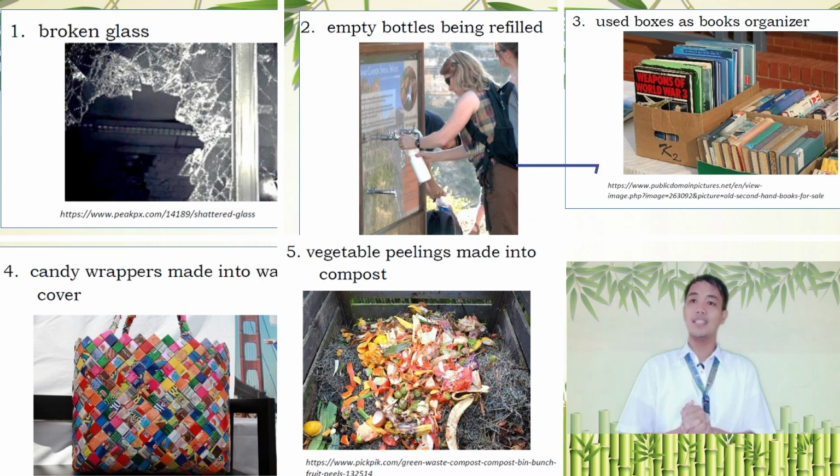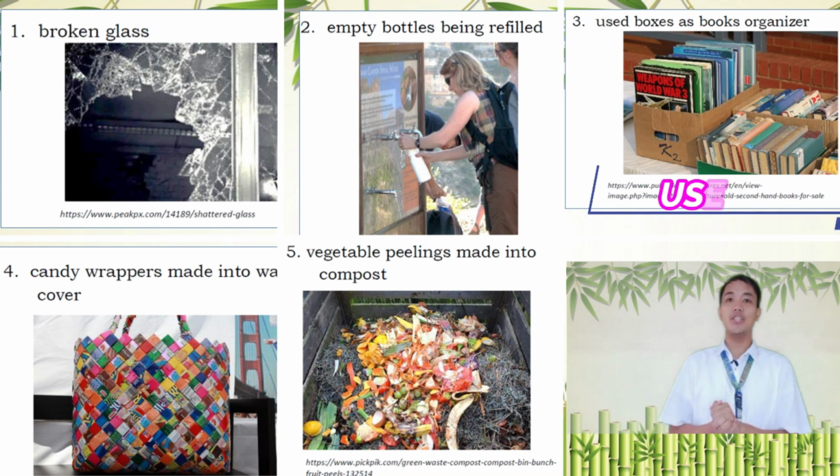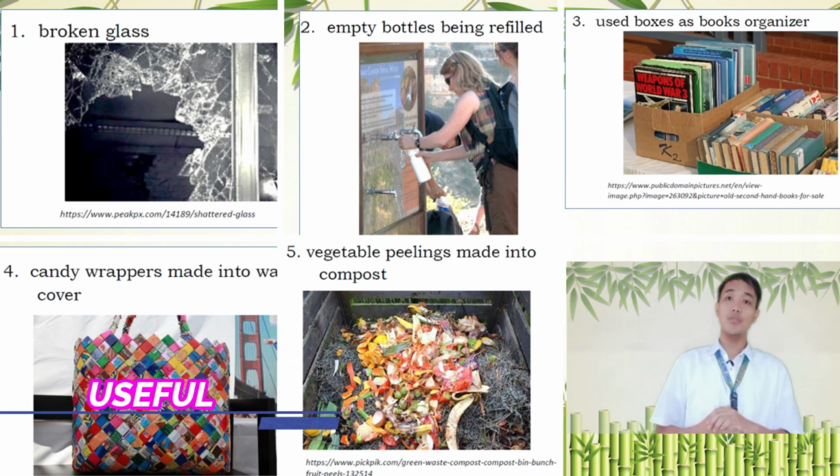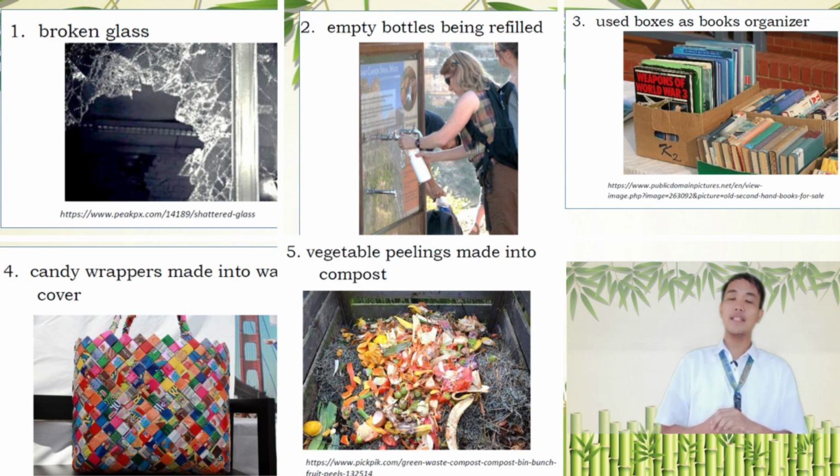Number 3, use boxes as books organizer. That is useful. And number 4, candy wrappers made into wall cover. That is useful. And for number 5, vegetable peelings made into compost. That is useful.